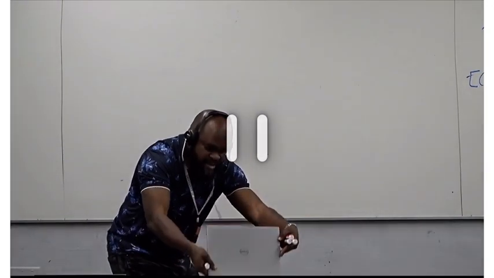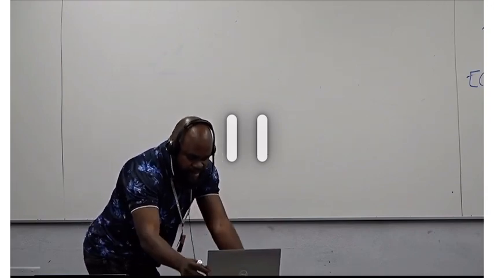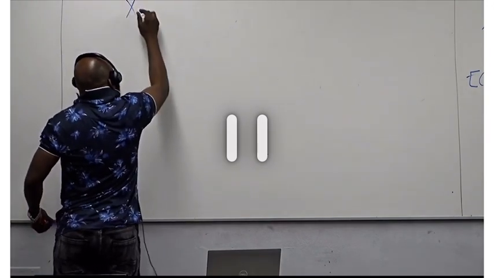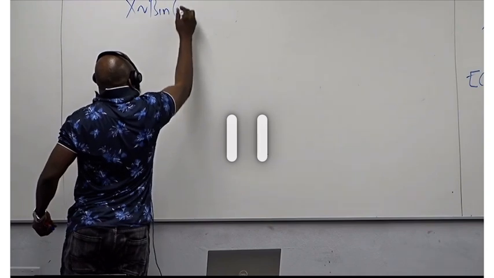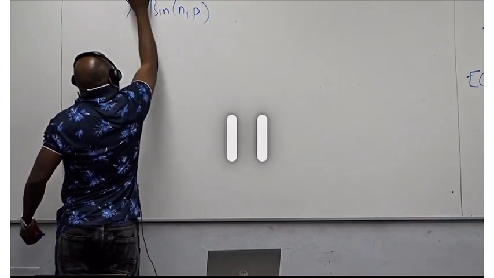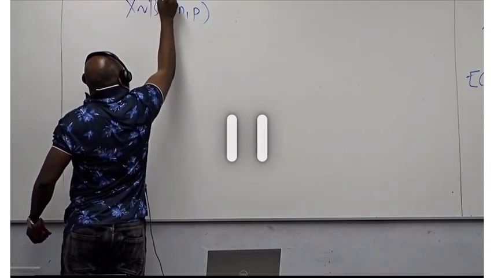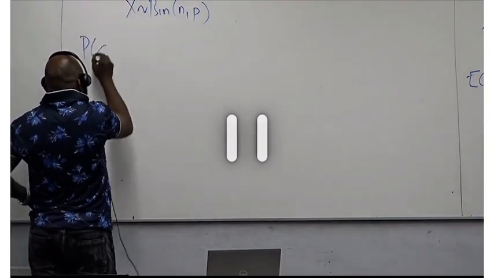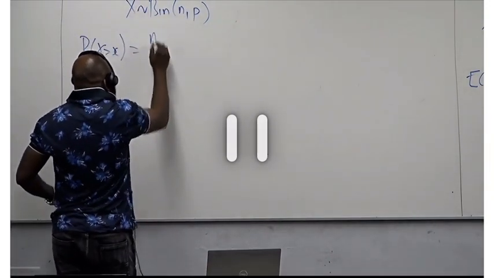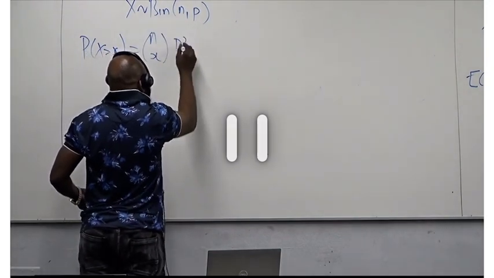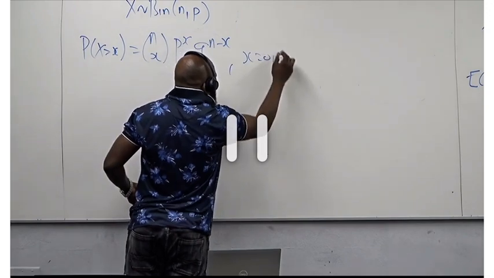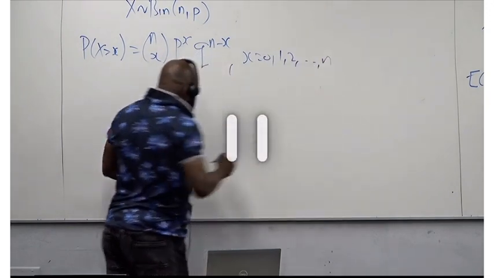So now if I have X following a binomial with n and p, the probability of s is n combination s, p raised to the power s, q raised to the power n minus s, and the state space is 0, 1, 2, until you get to n.